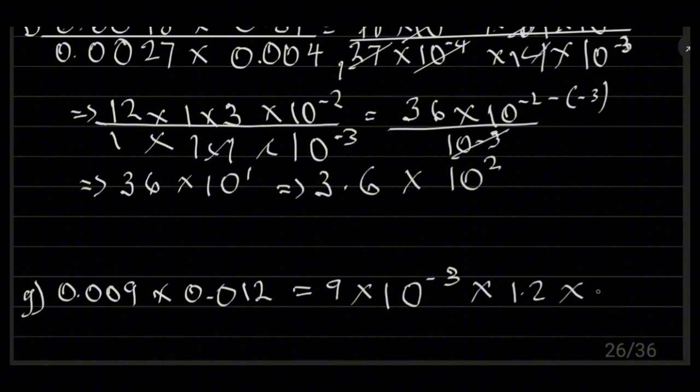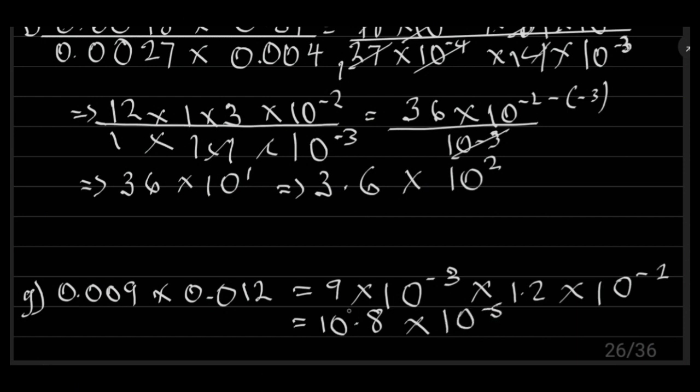1.2 times 10 also raised to the power negative 2. So to express this in standard form, 9 times 1.2 would give us 10.8 times, and we are adding the powers of the tens, so that will give us 10 raised to the power negative 5.